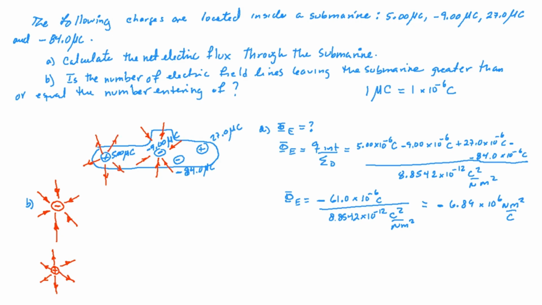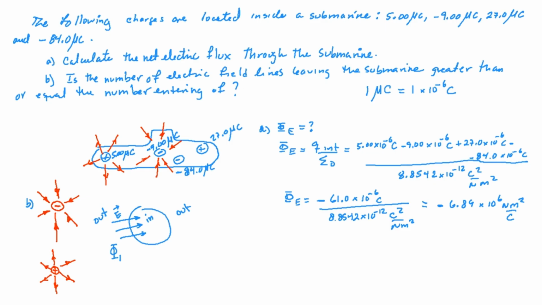In Gaussian surfaces, we consider that when the electric field lines go from out to in, the electric flux is negative.